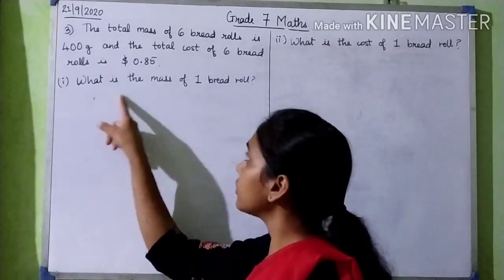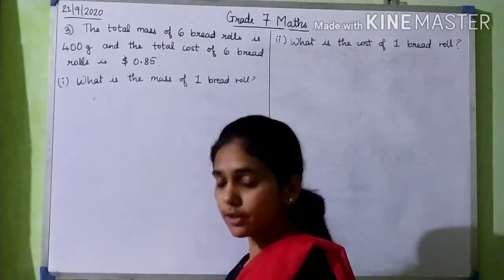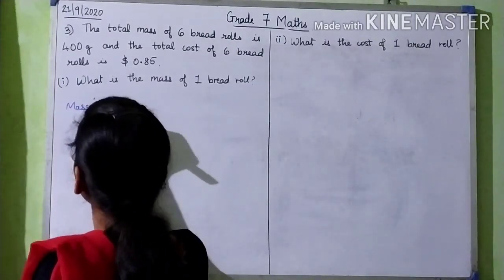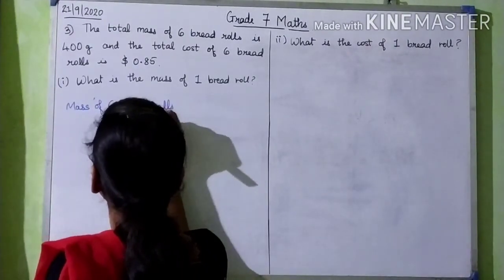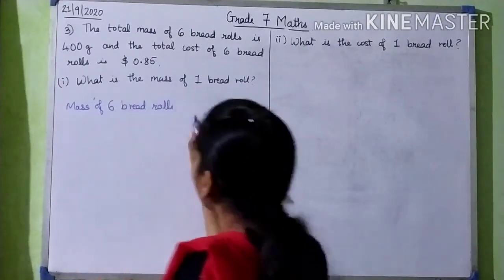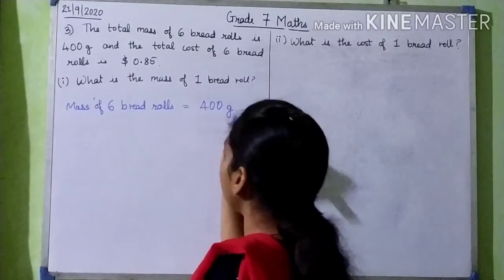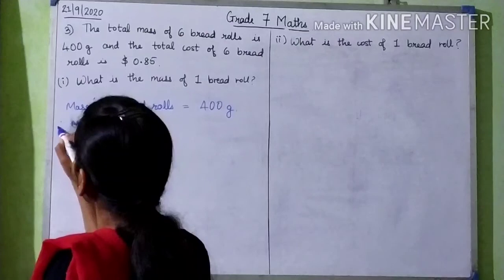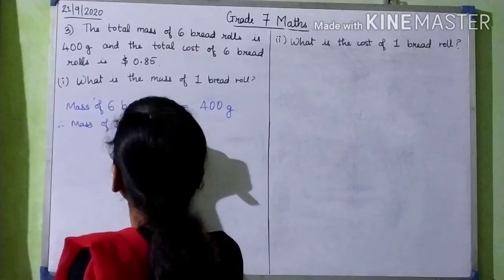The first one is, what is the mass of one bread roll? First we will write the mass of 6 bread rolls, which is given to us. Mass of 6 bread rolls is 400 grams. Now we want to find the mass of one bread roll. Therefore, mass of one bread roll will be what?